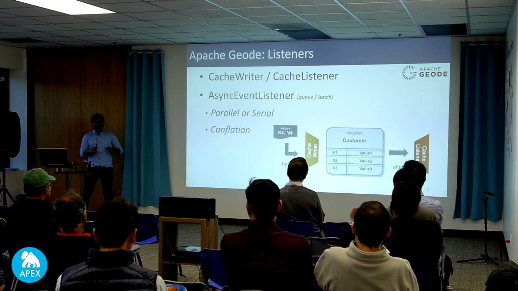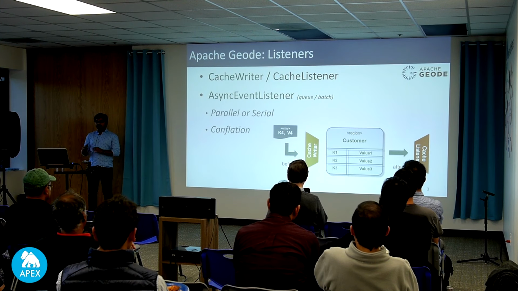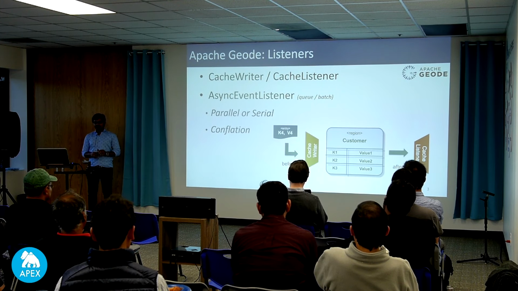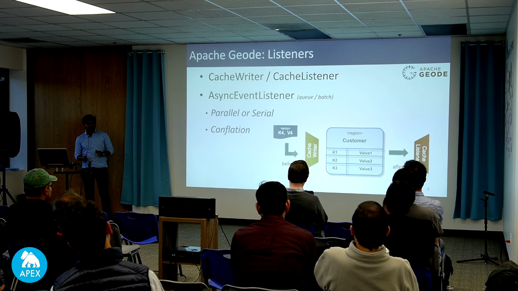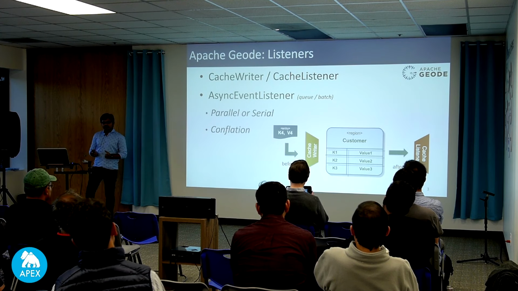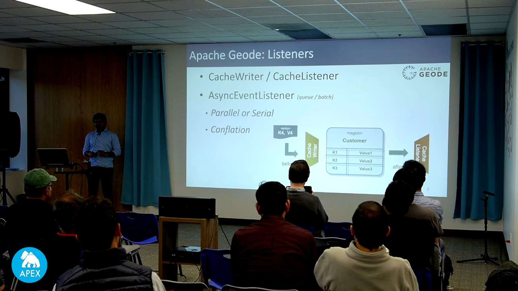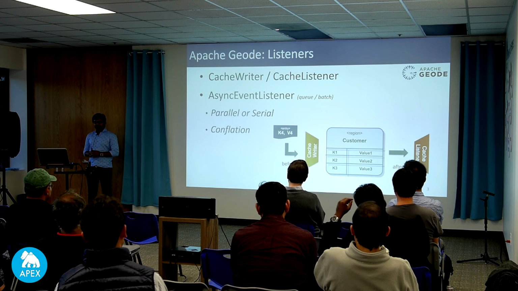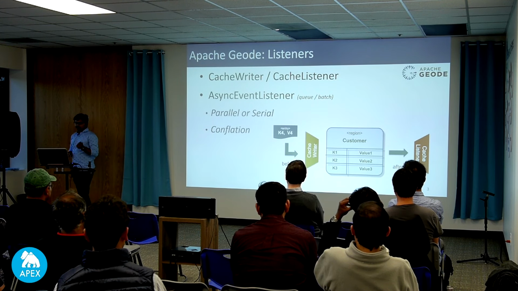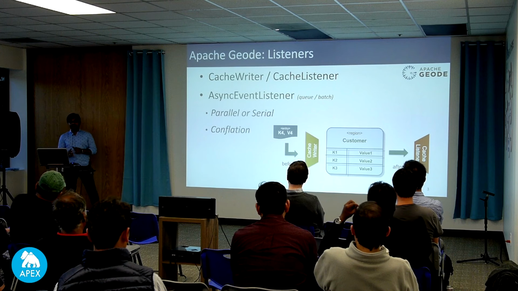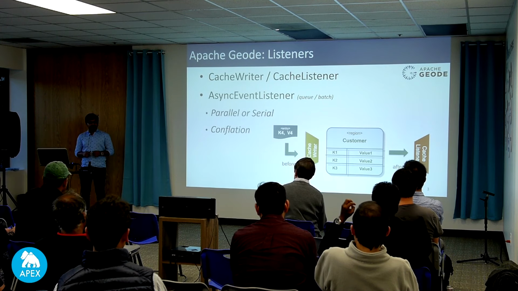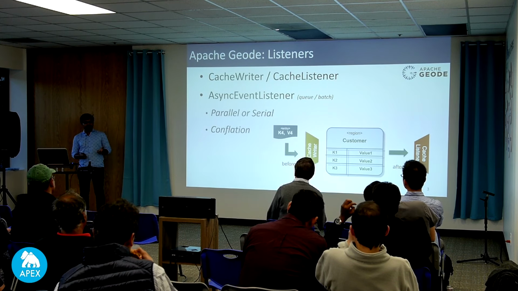So having a basic background of what Geode looks like and its capabilities, I'm just going to throw some light on some of the unique features of Geode, which is very versatile and efficient. One of the features which Nitin did give an overview of is Geode's event notification framework.